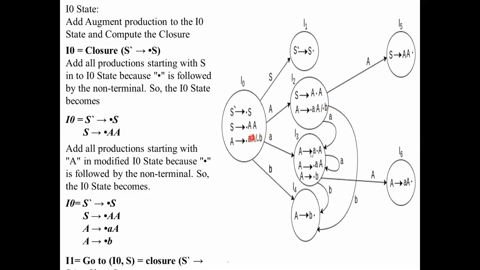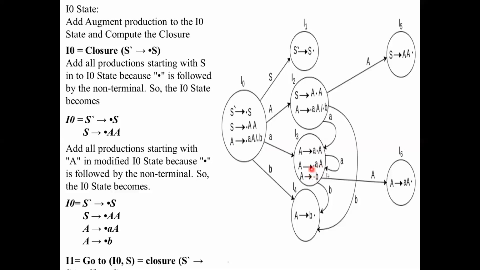So A' tends to A dot A. And now, A dot, right. Now again, the A also occurs, so we again add these productions here. So A tends to dot A, small a or capital A, and then A tends to dot small b, right?